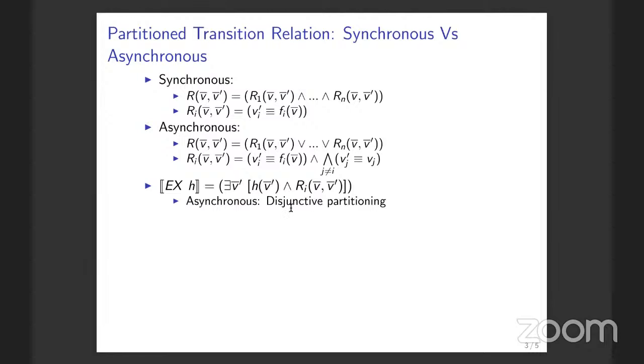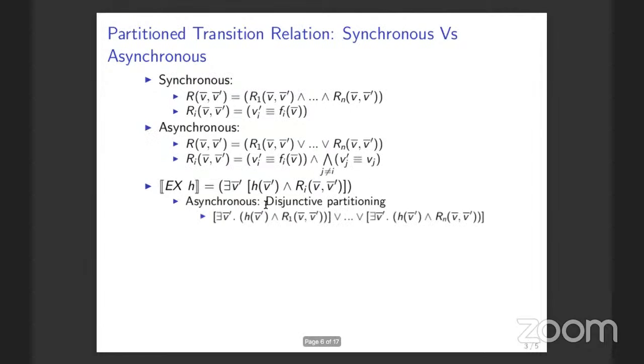Yeah, I'm sorry, this should be R here. For the asynchronous case, let's look at the asynchronous case. You want to do this operation not on Ri, but on the entire R. For the asynchronous case, the disjunctive partitioning, there is a mistake here: Ri should be R.